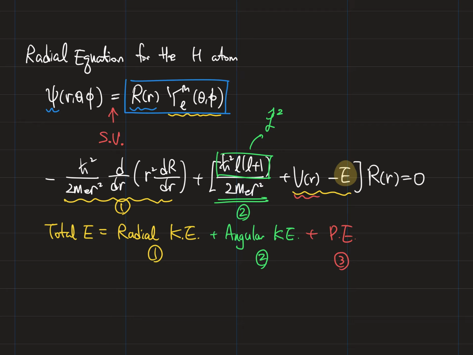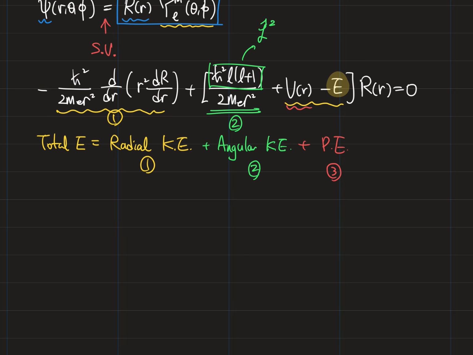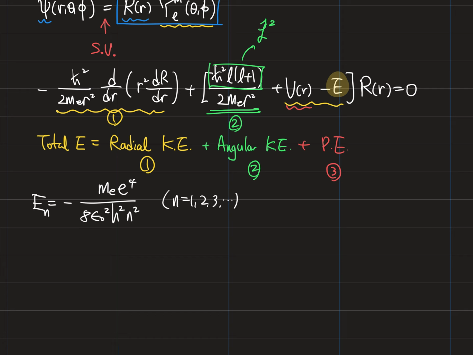And before we try to derive the form of the radial part wave function and its eigenvalue, let's write down the final result. The energy of the hydrogen atom depends on the quantum number n, and its explicit expression is something given like this, and should be a positive number.